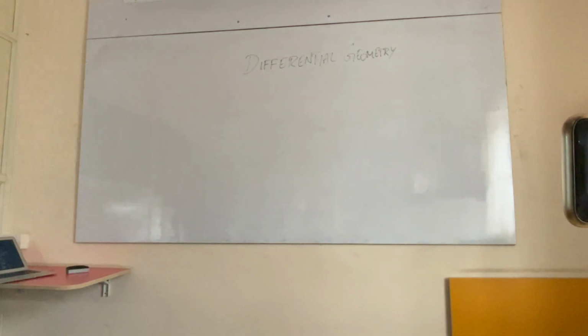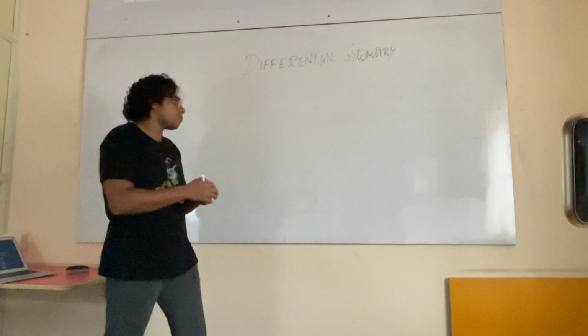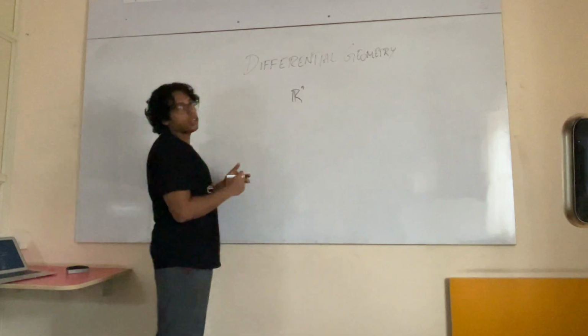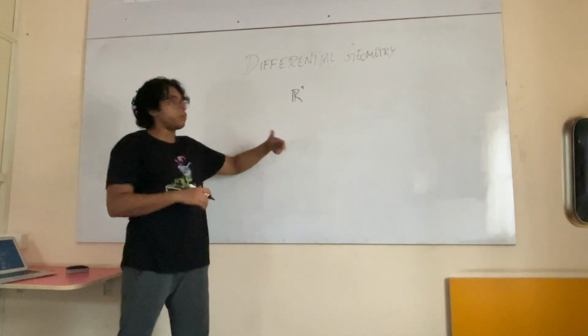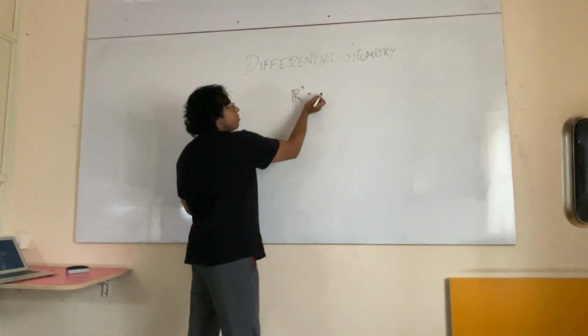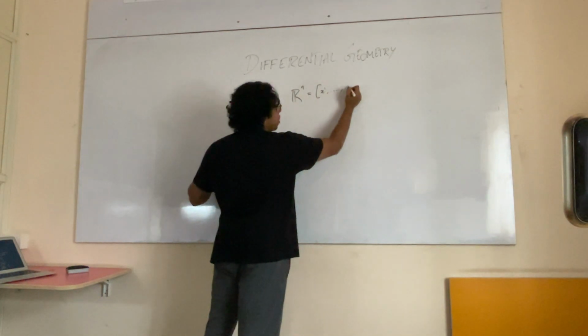So, for example, we'll look at R^n, the Euclidean manifold of n dimensions. So it's basically written as (x1, ..., xn).